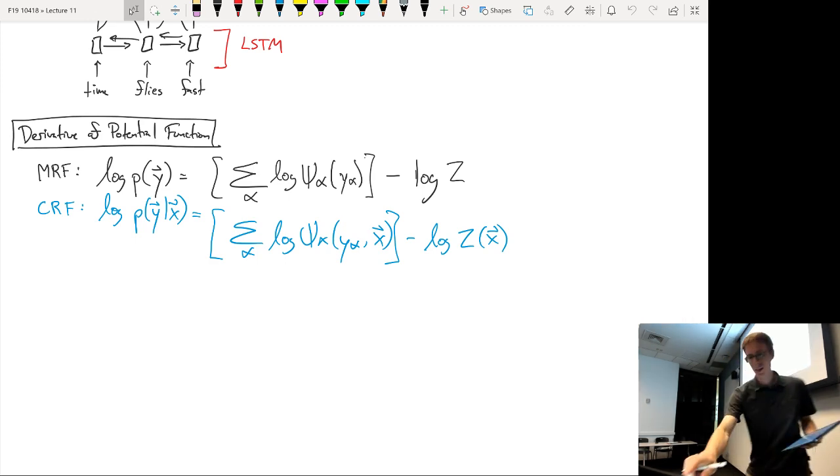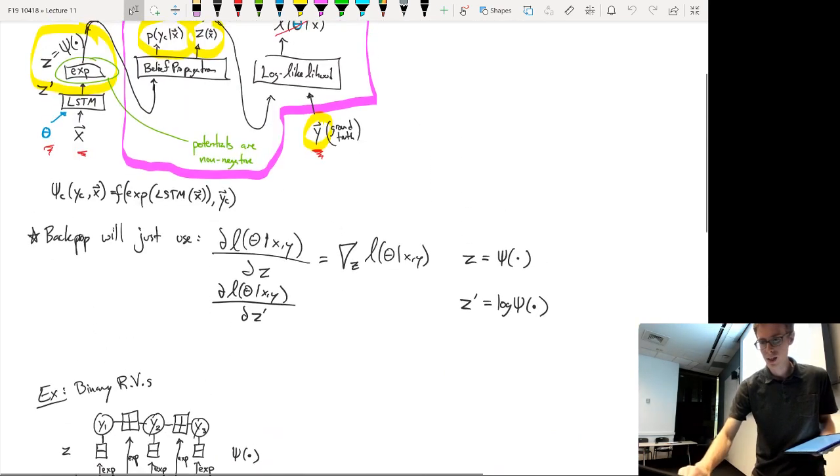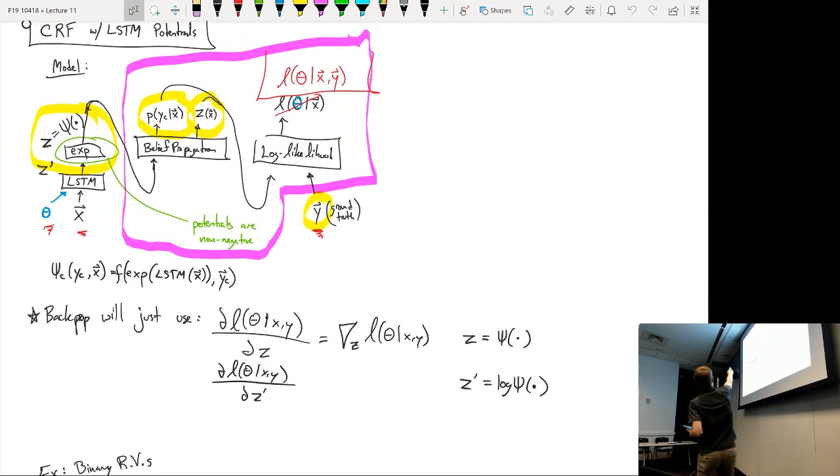In our picture, once we have computed these potential functions, we have everything we need to compute the partition function and the joint probabilities, but we haven't actually computed those until we run belief propagation.